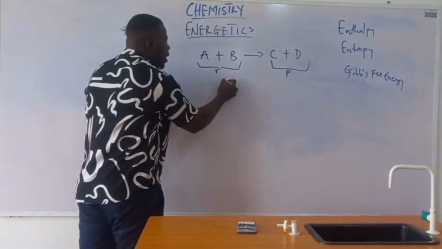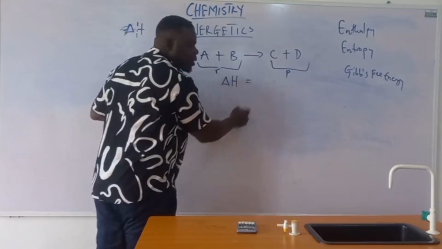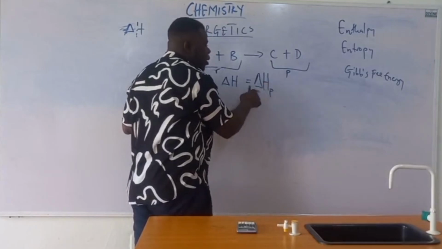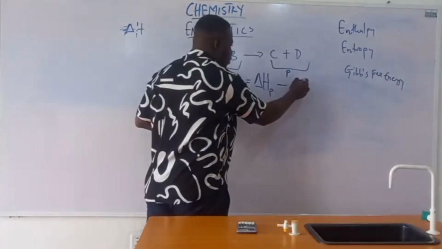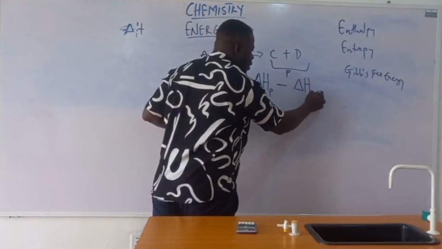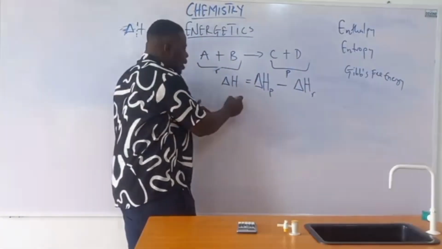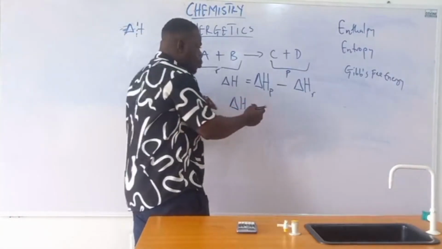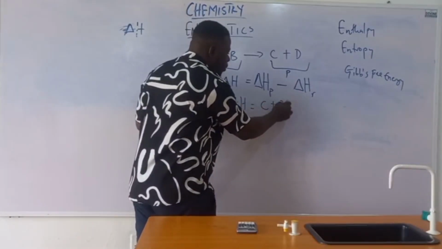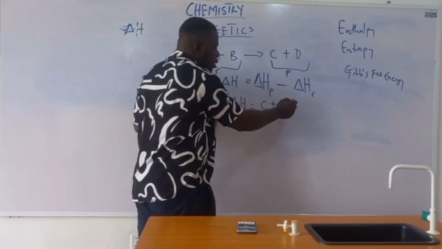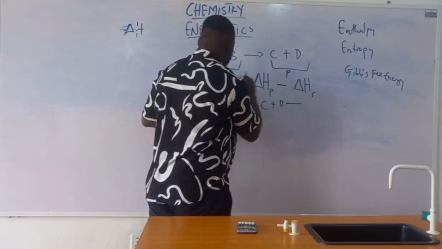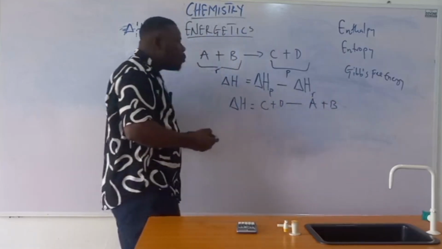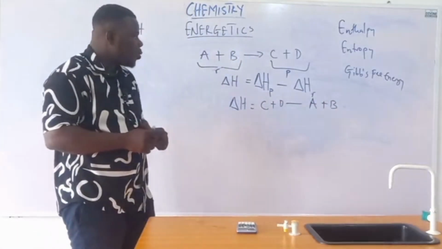So I can say that enthalpy change is equal to delta H of the products minus delta H of the reactants. From the definition, the sum of the product is C plus D, minus the sum of the reactant, which is A plus B. It's as simple as it sounds.